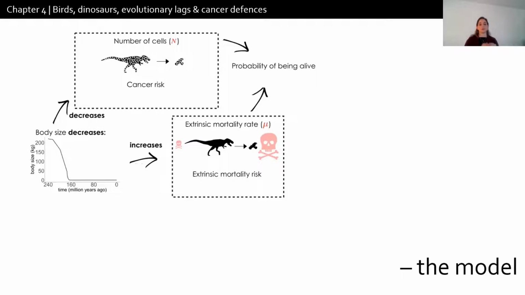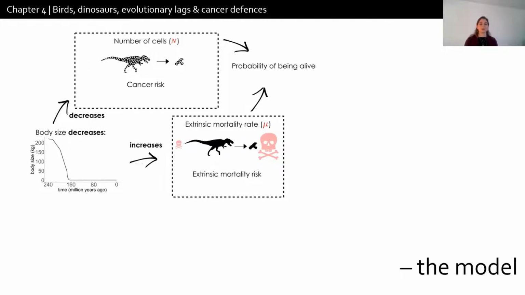And then there are two aspects related to mortality risks. One is that the number of cells decreases. I already said that the number of cells is associated with cancer risk. So we assume that cancer risk decreases over macroevolutionary time as dinosaurs get smaller in size to birds. Another thing that we assumed was that extrinsic mortality risk increases.